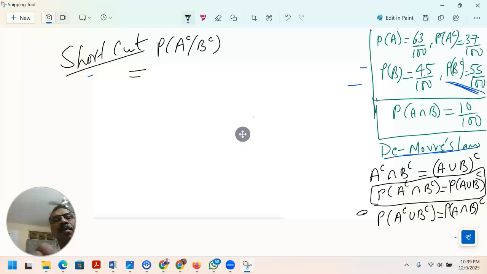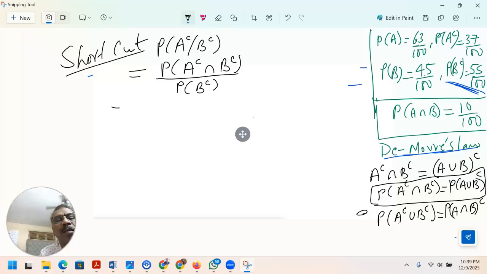By the definition of probability, we can write conditional probability. This is A complement and B complement divided by the probability of B complement. The denominator, probability B complement, we already know: 55 divided by 100.